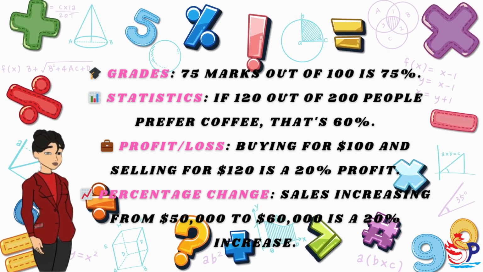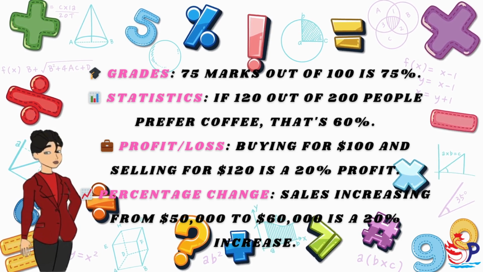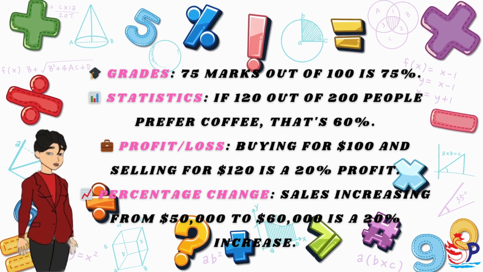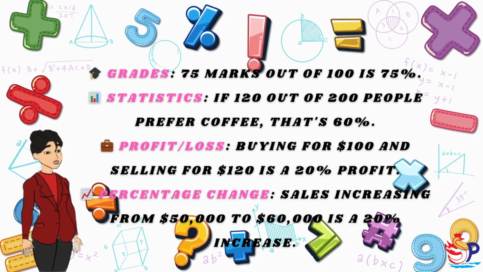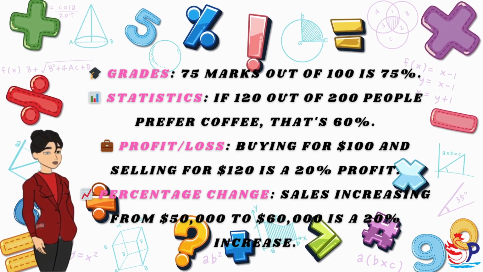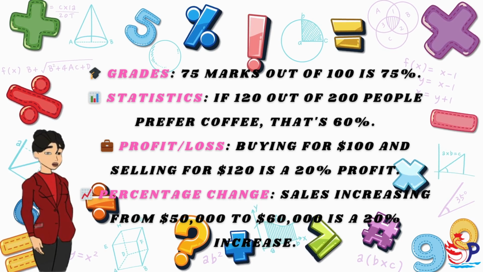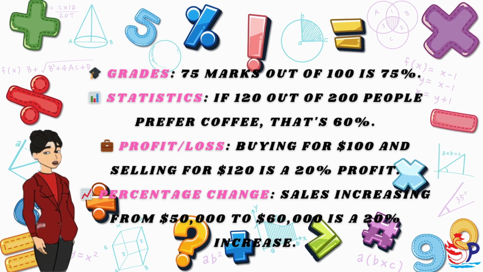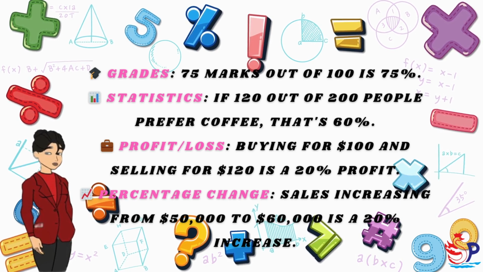Percentage change. Example: Sales increasing from $50,000 to $60,000. Increase is equal to $10,000. Percentage increase is equal to 10,000 divided by 50,000 multiplied by 100, which is equal to 20%.